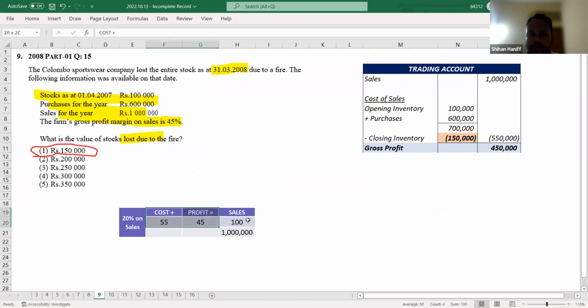Because cost plus profit is sales. Then sales minus profit is cost. Sales minus cost is profit. But it's based on the equation. All right.